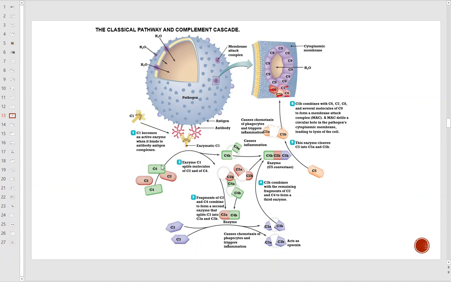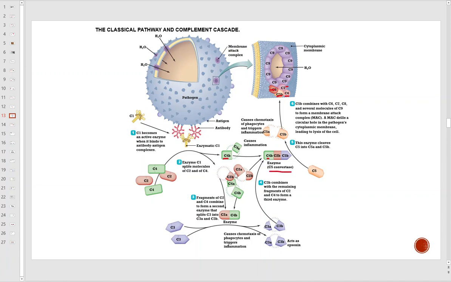C1 is going to be activated by that. C2, C4, these guys are going to join together. And C4 is going to split into C4A and C4B, and C4B is going to become part of that C5 convertase.